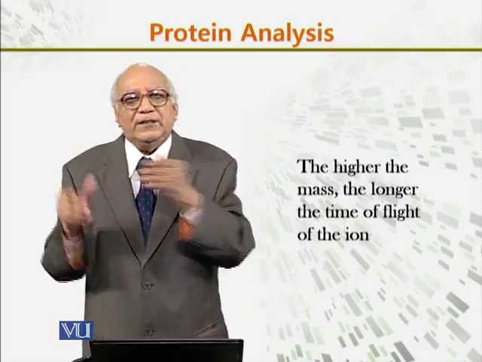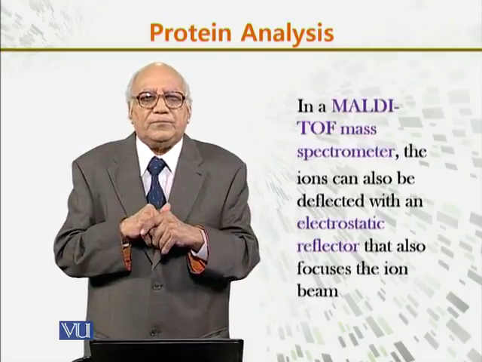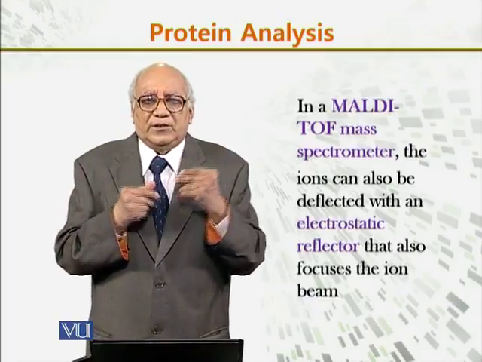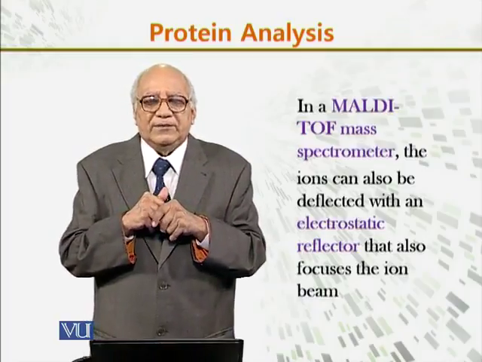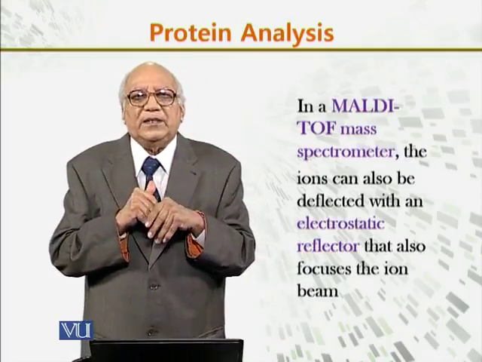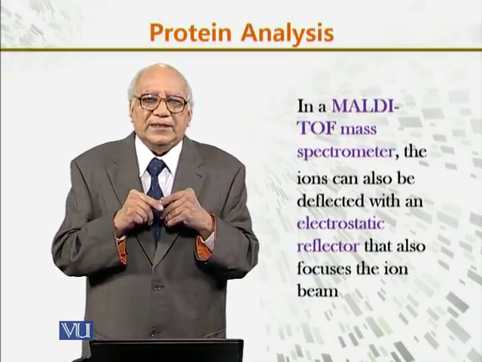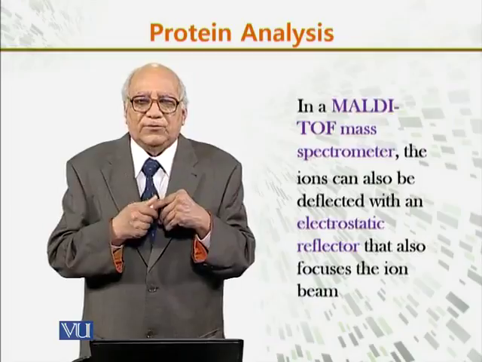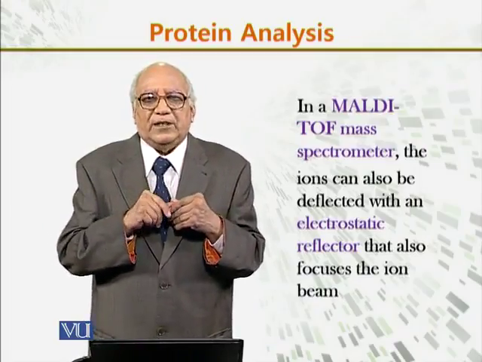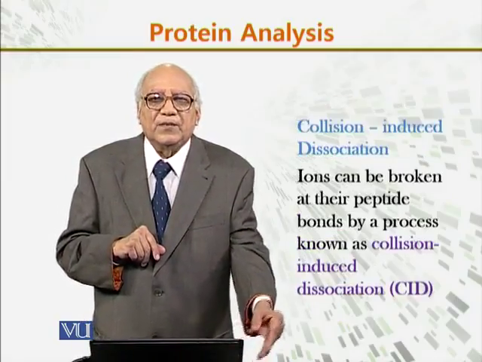Now, in a MALDI-TOF mass spectrometer, the ions can also be deflected with an electrostatic reflector that also focuses the ion beam, as I indicated earlier, deflecting the ion beam to detector number 2.